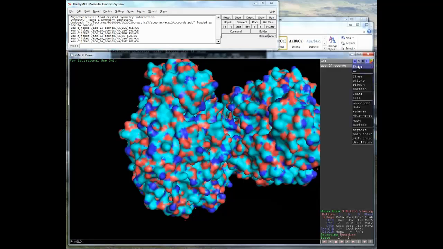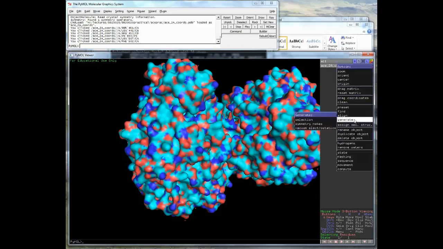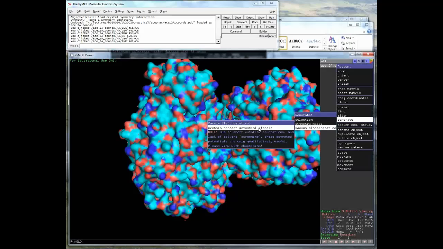You can also generate the electropotential of your protein, and this also takes the computer quite a lot of thinking time, so we'll see if it works or crashes or not.